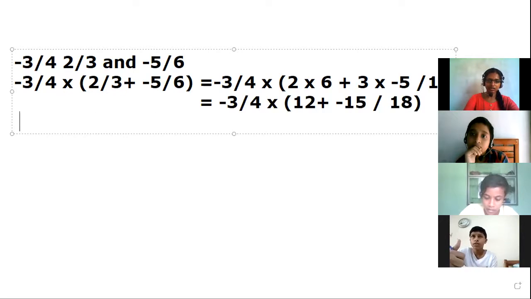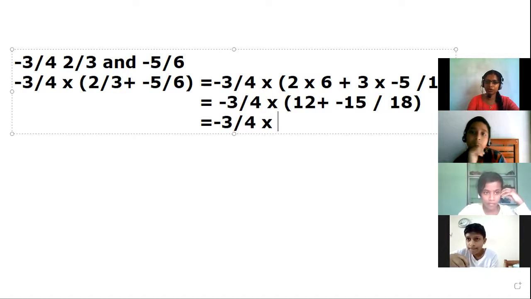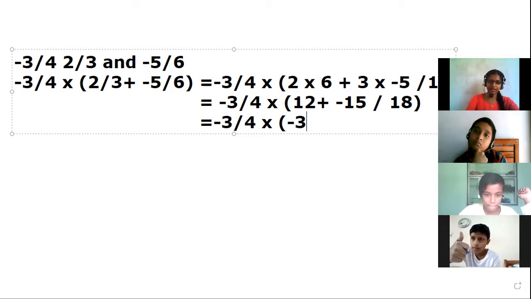Then minus 3 by 4 as itself, into what is the sum of 12 and minus 15? Here, the largest number is 15, so we have to put a negative sign, and it is minus 3. Then it is minus 3 by 18.